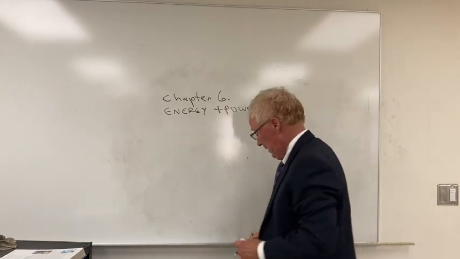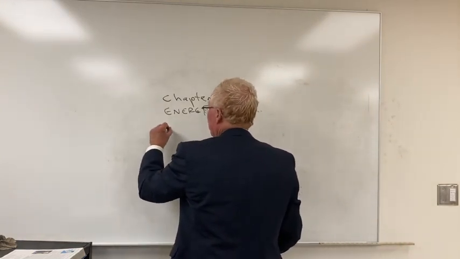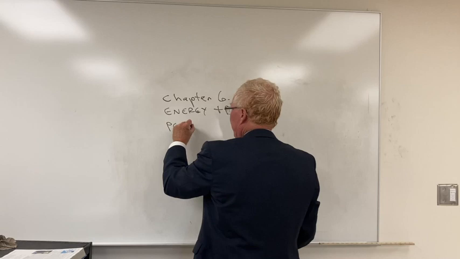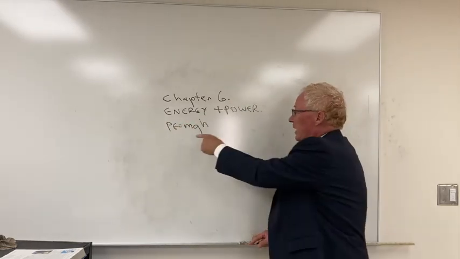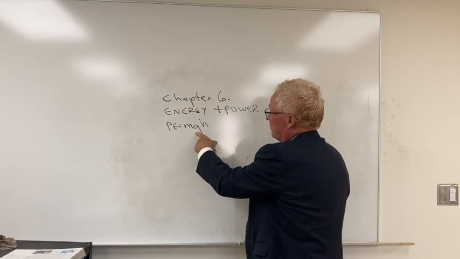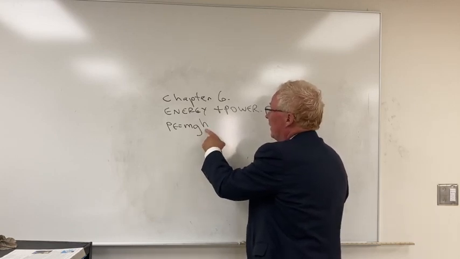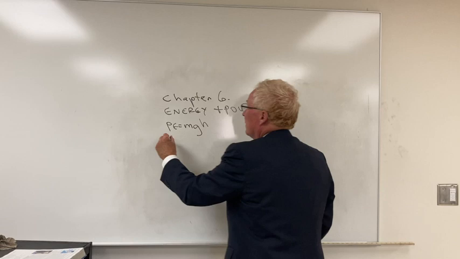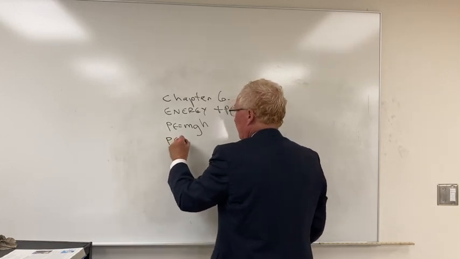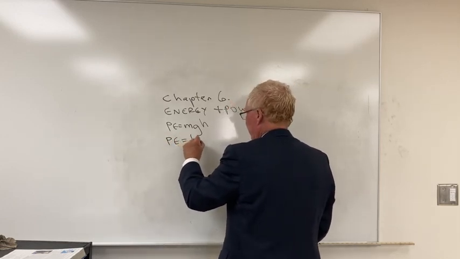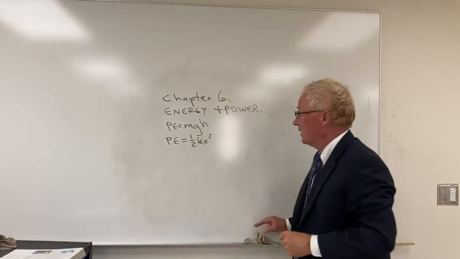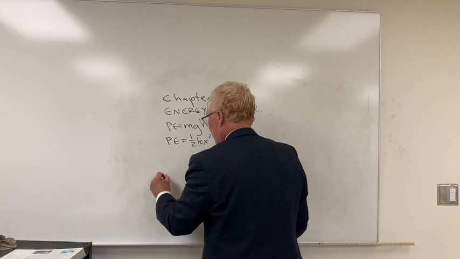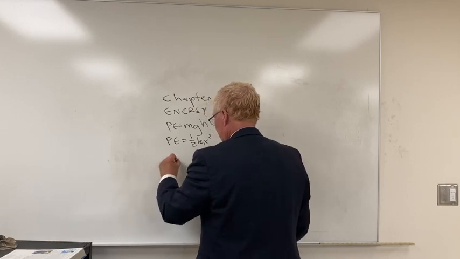Again, we have our potential energy for gravity, which is mgh: mass times g, the acceleration of gravity, times h, the height. Potential energy of a spring is 1/2 kx squared, where k is the so-called spring constant.